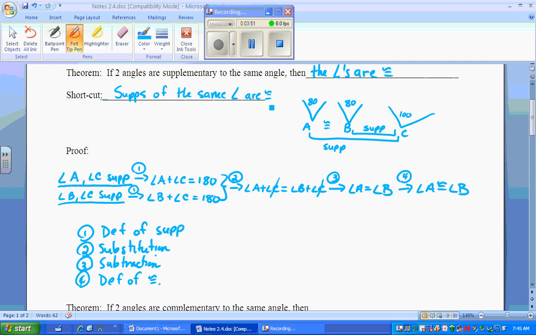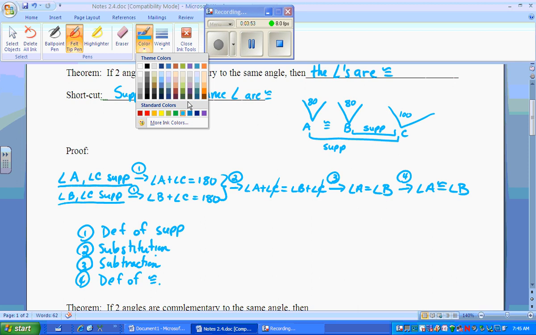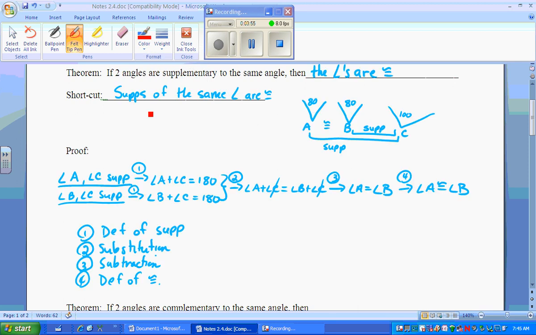Instead of using the long way, I want you to use the short way. So what I want you to do is start with the two givens. A and C would be supplement, and B and C would be supplement.